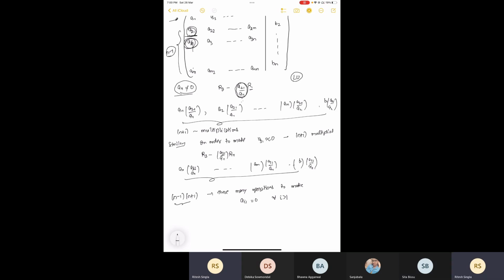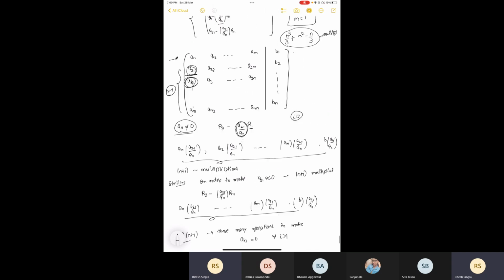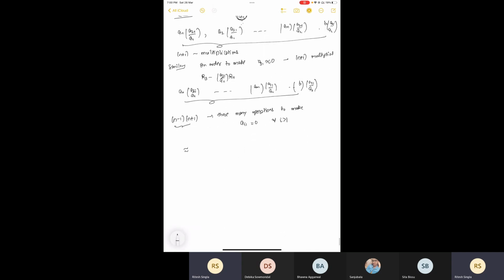Yes, sir. Okay. Now our matrix will look something like this: a11, a12, and so on, a1n. But now we have a22 tilde, then 0, a32 tilde, an2 tilde, a23 tilde, a2n tilde, a33, a3n tilde, an3, and so on.